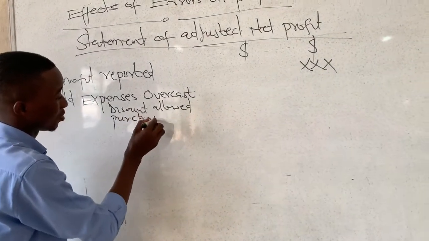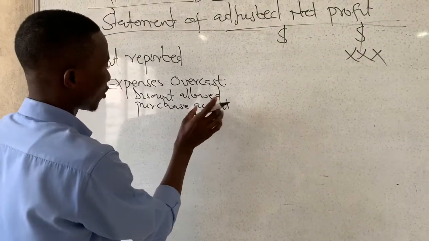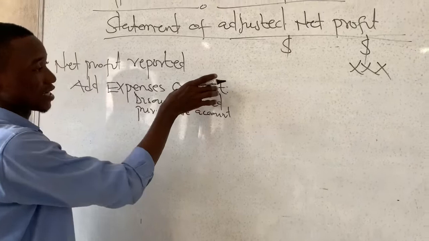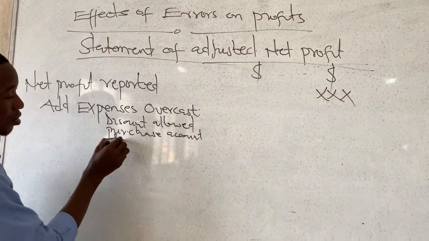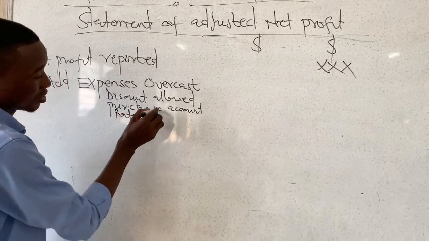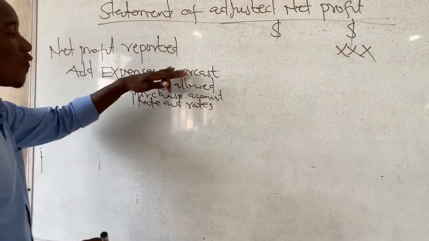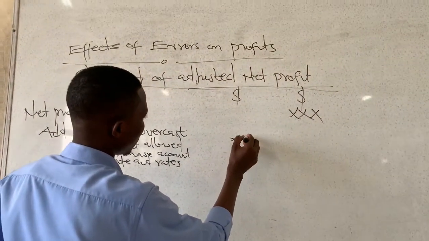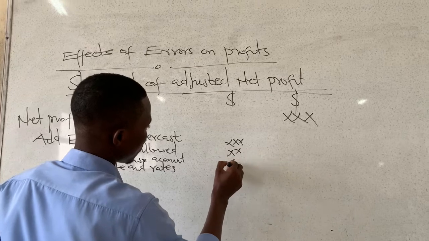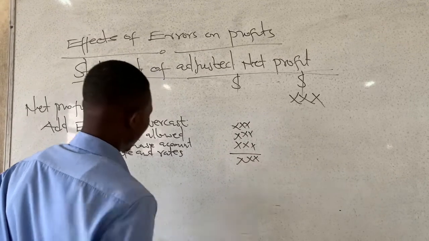Maybe purchases account. If I talk of purchases account, I'm still under expenses overcast. Is that okay? Maybe rent and rate account overcast. So let's say I'm bringing these items here. I'll sum the 3 up and I'll get this.